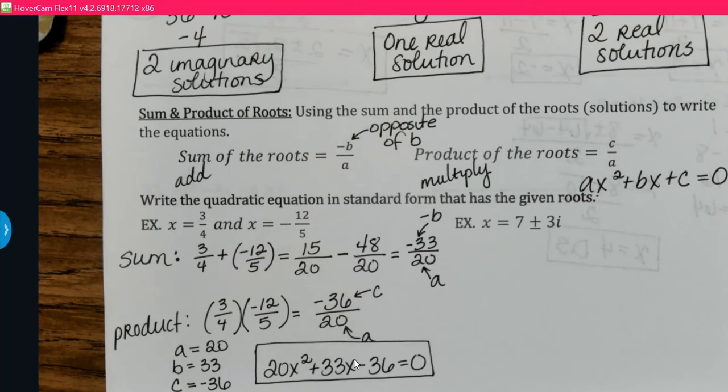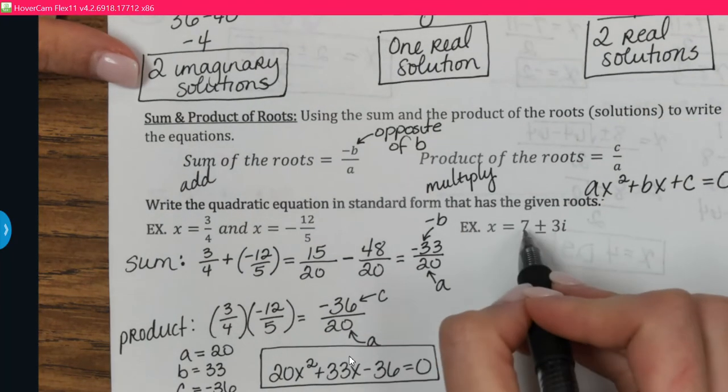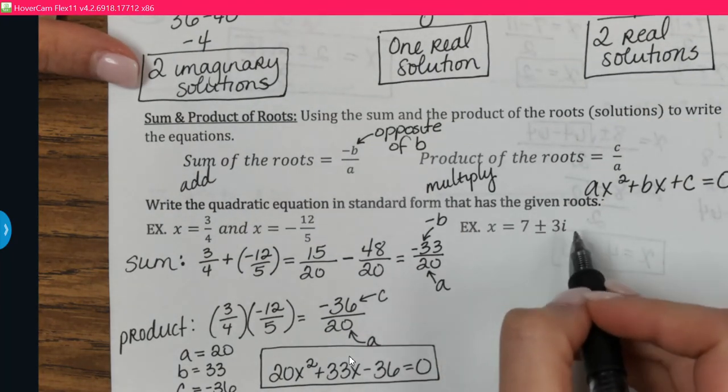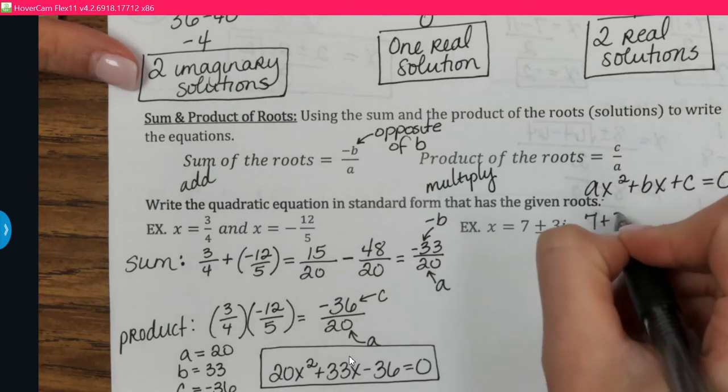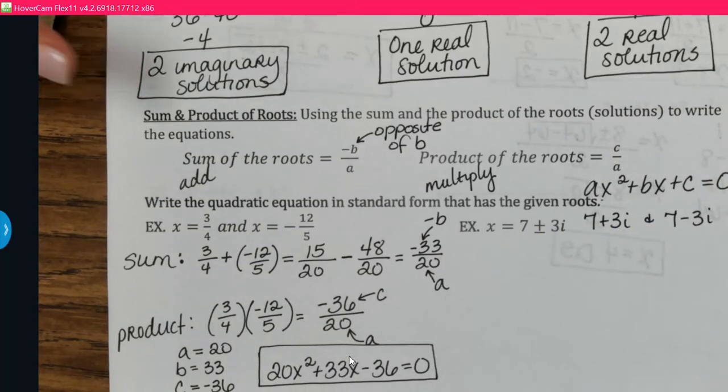They're good? Okay. So when I do the next one, I have 7 plus or minus 3i. So that's your 7 plus 3i and 7 minus 3i. Those are my two. It's written as one, but those are two.